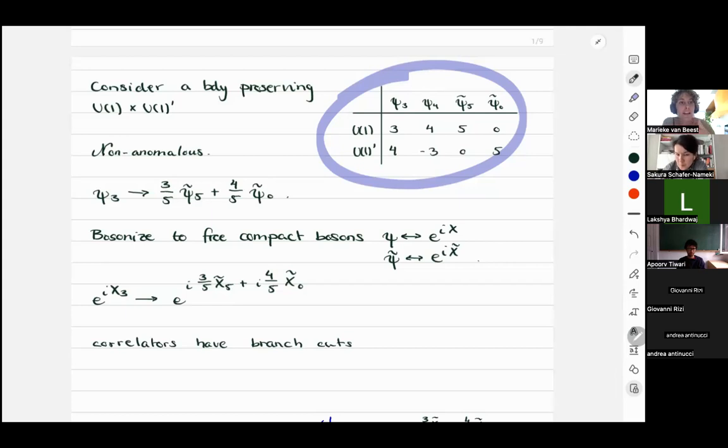And essentially, this is defining for us a symmetry defect in the theory, right? So it's a line, or it's a cut, so to speak, where when you cross it, you gain some phase. So it defines a symmetry defect.